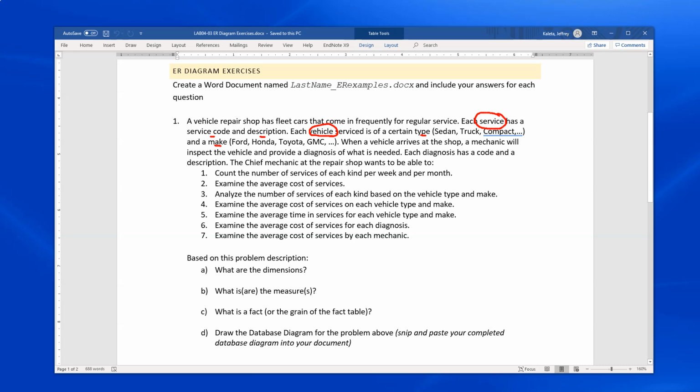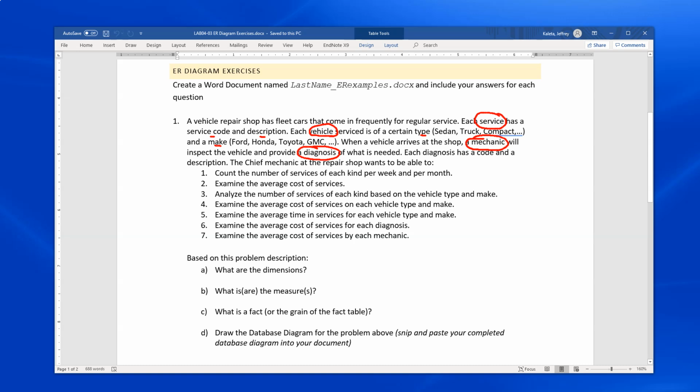A vehicle arrives at the shop and a mechanic will inspect the vehicle. So we have a person, which is a very common noun, that will inspect the vehicle and then provide a diagnosis. Some of the output of that mechanic's work is going to be a diagnosis. They do the inspection and there'll be a diagnosis.